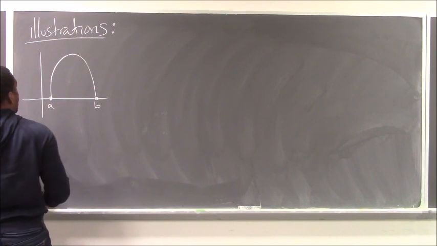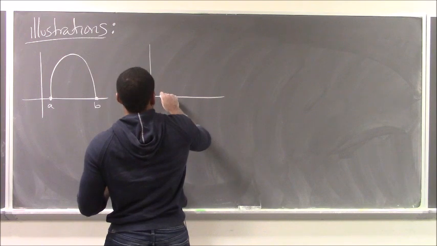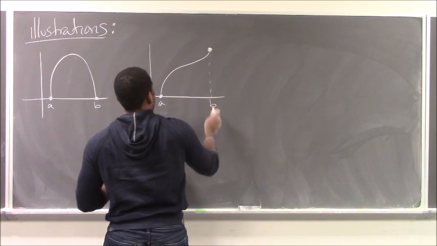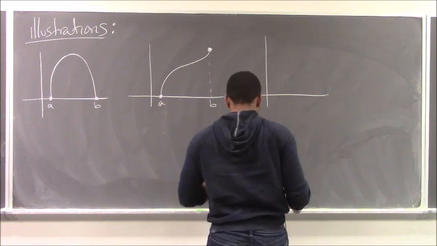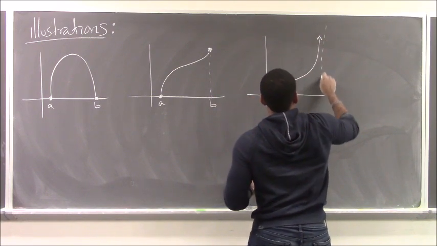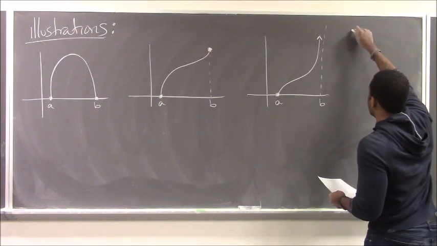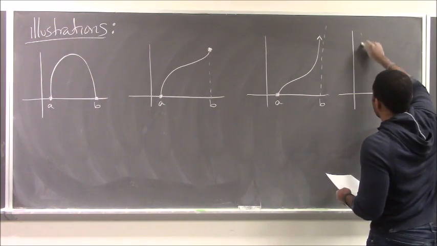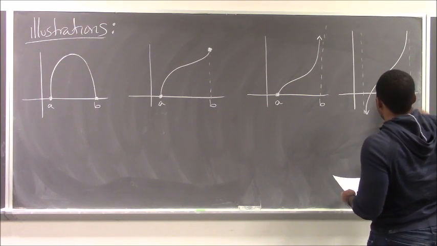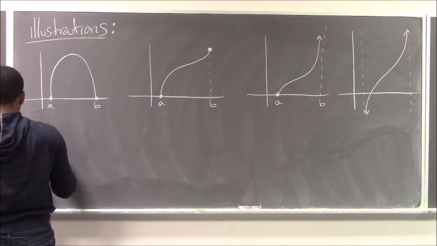Some A, B. Filled in, that's A, B. What I'm going to want us to do is identify all extrema, absolute and local, on these pictures that I'm drawing, so you can see the differences between the two.